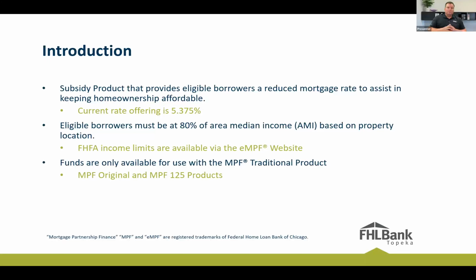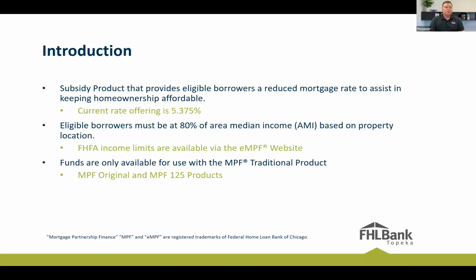So similar to our grant products or the turnkey products, which if you've utilized those, you're very familiar with this process. There are income guidelines and limits based on county. And so where that property is located would be the identifier for the income allowance for that particular set of borrowers.